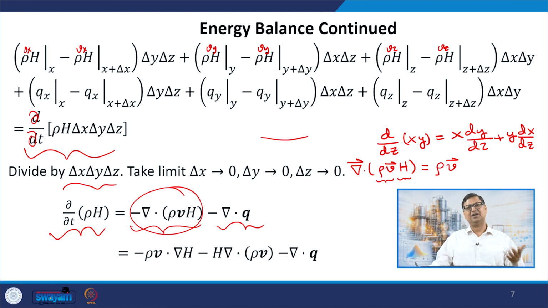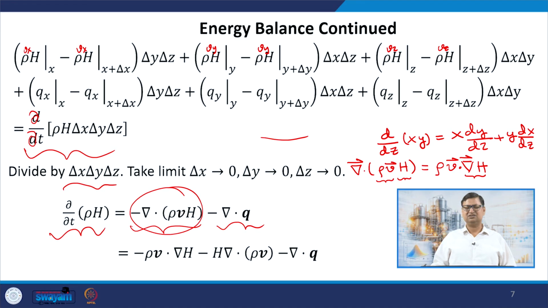So I cannot dot it with a vector operator. Del is a vector operator. Therefore, I will use del h. This is my gradient of h, right? So I apply a vector operator del on a scalar quantity. So I get a vector now, and this has to be now dotted here.